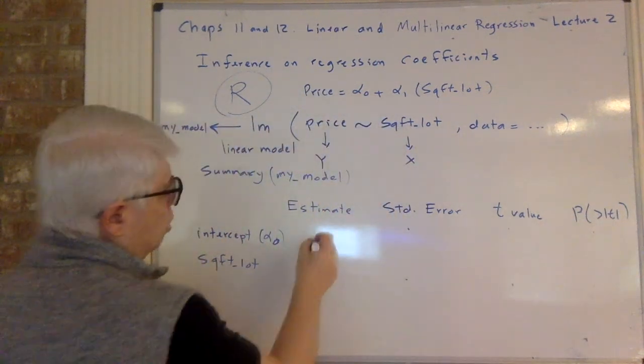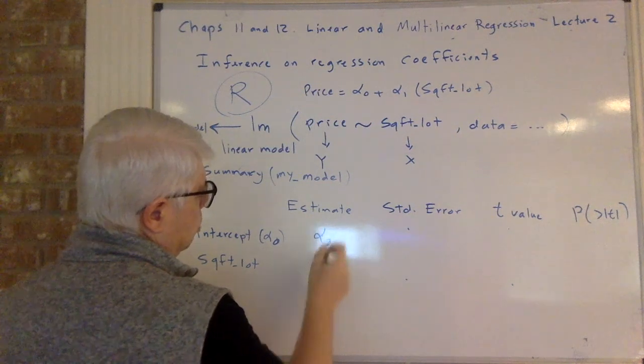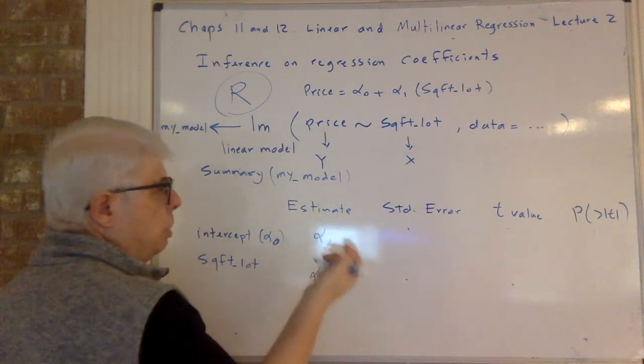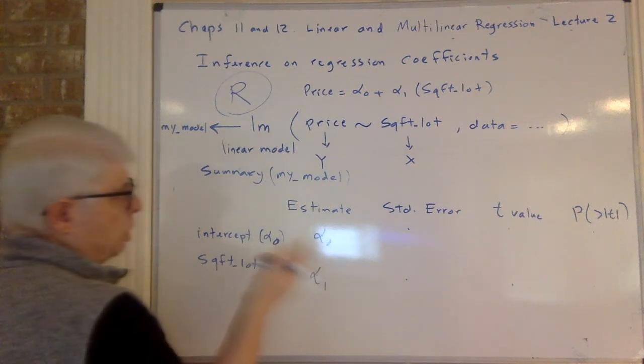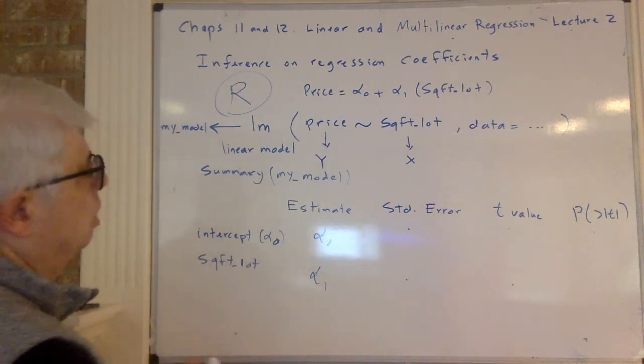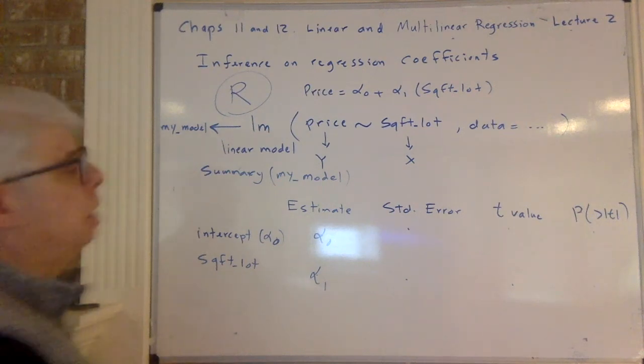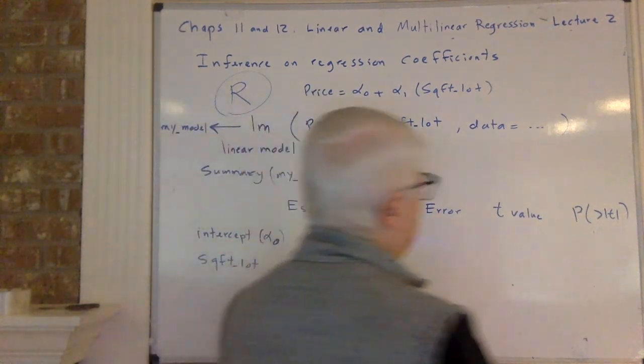So the estimates are in fact alpha 0, alpha 1. In fact, these are not alpha 0, alpha 1. These are B0, B1. The values that are assigned to B0, B1 are realizations of those two random variables.